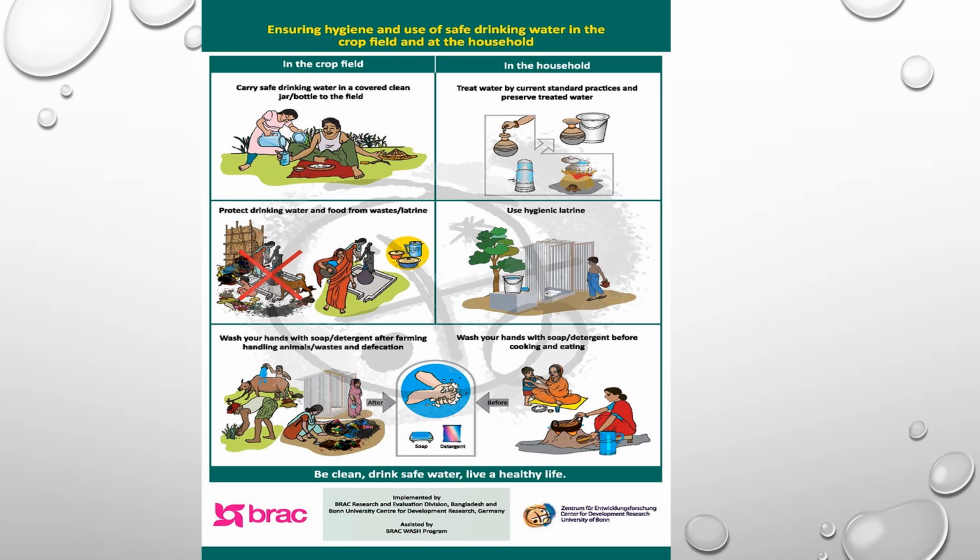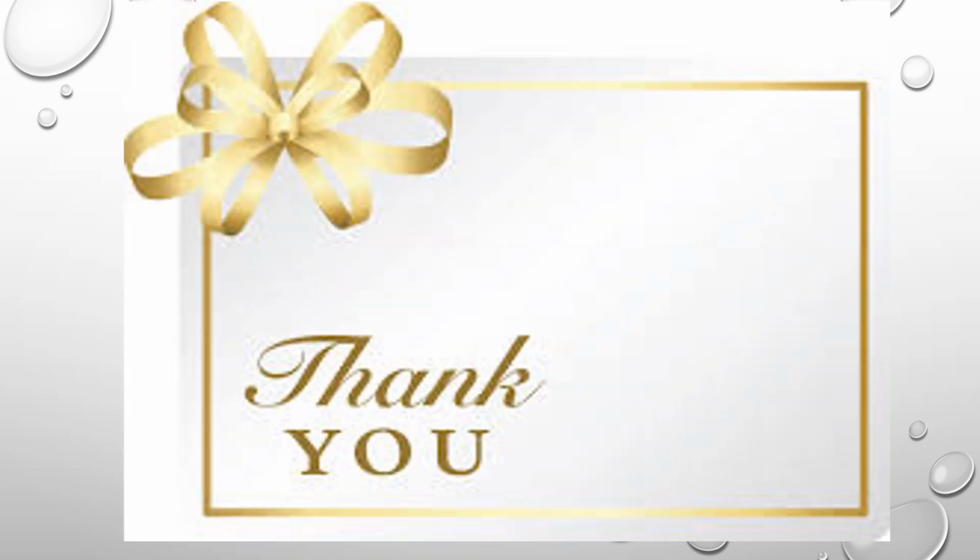Use a hygienic latrine and wash your hands with soap or detergent before cooking and eating food. So these are some of the protocols being followed. The main tagline they say is be clean, drink safe water, and live a healthy life, to maintain a standard and healthy lifestyle pattern.